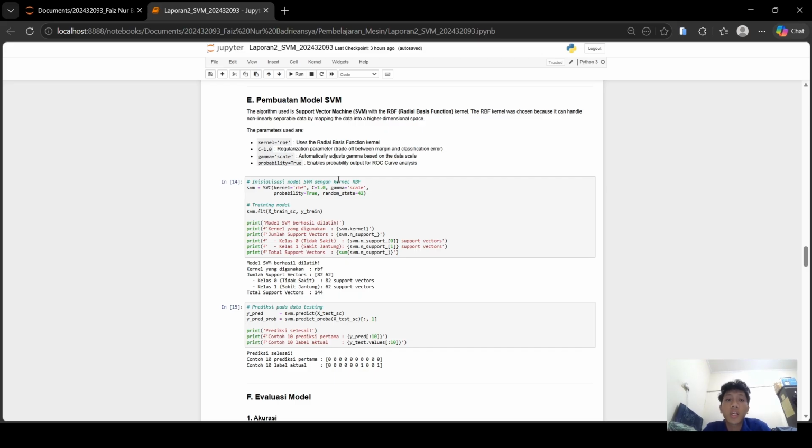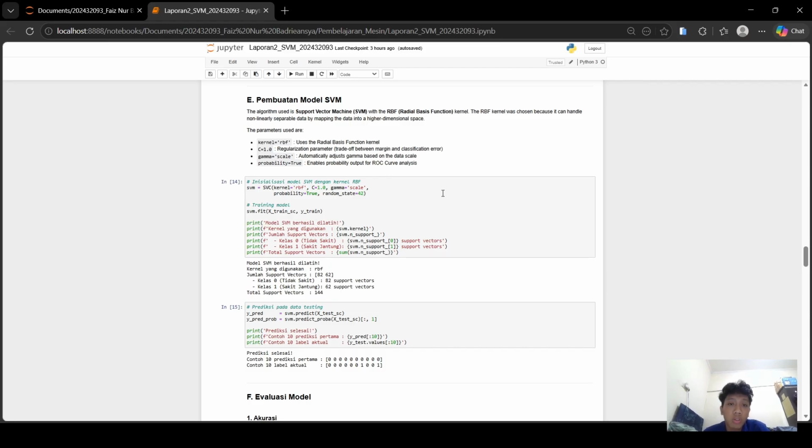And the modeling with SVM. The algorithm is a support vector machine, or SVM, with an RBF, radial basis function, kernel. The RBF kernel was chosen because it can handle non-linearly separable data by mapping the data into a higher dimensional space.